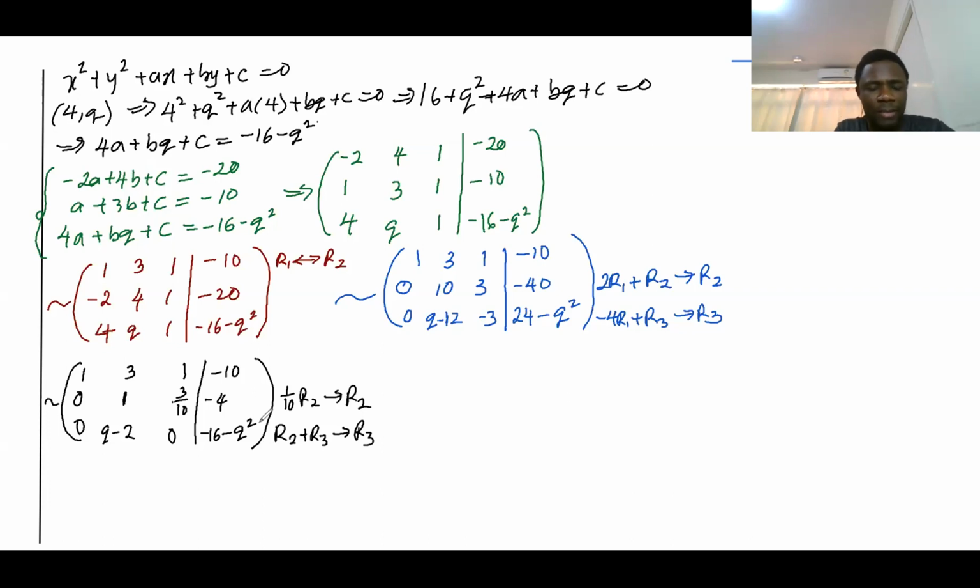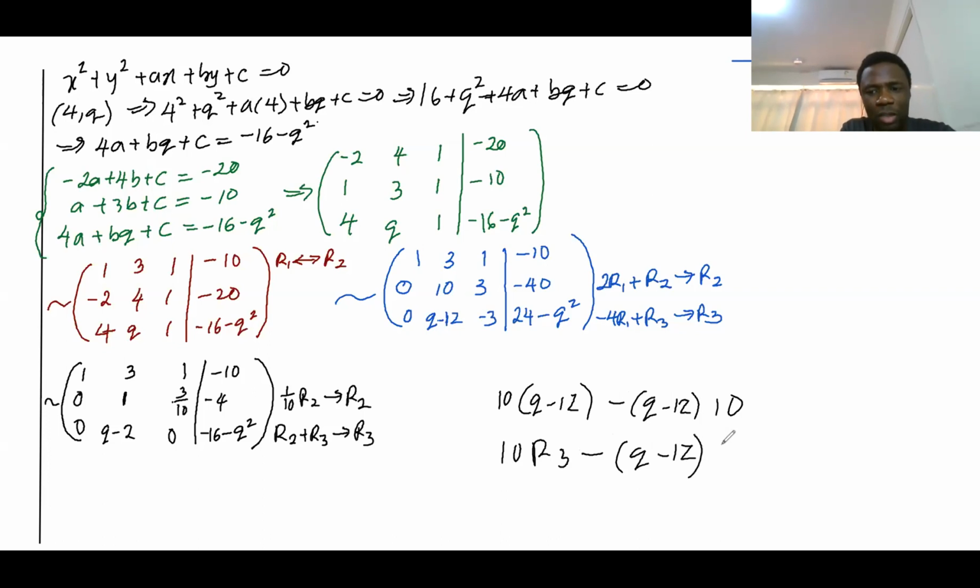Again, let me explain this again. Our target is to make this 0. That's why we did this. If we target this to make it 0, you have to multiply 10 by q minus 12, then minus q minus 12 times 10, which means you have to do 10R3 minus q minus 12R2.